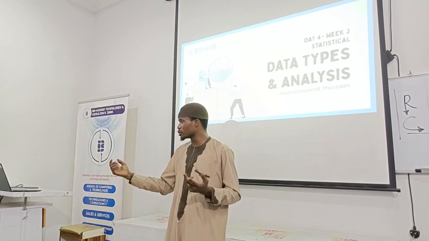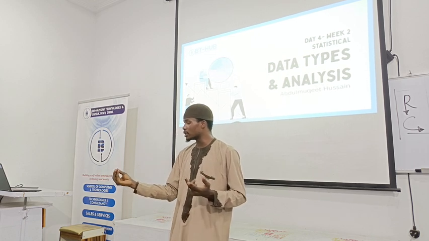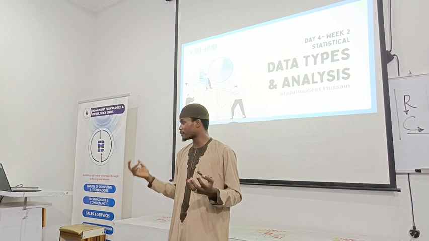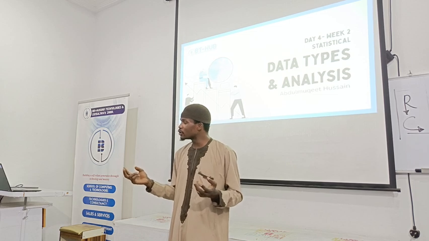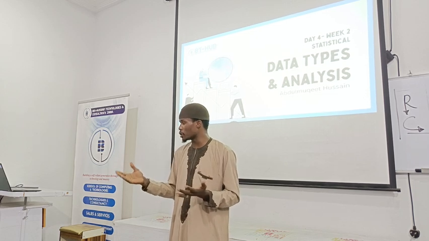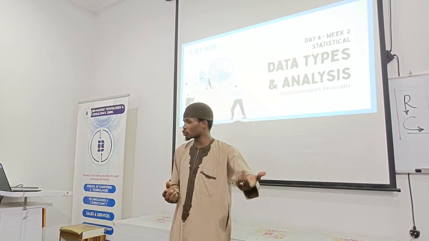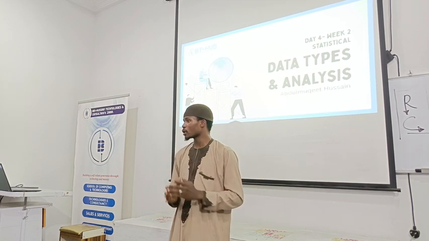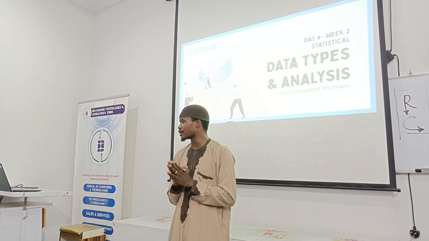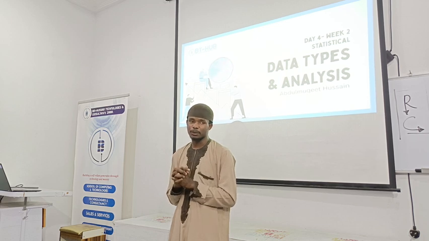Using the appropriate type of fire on the pot, you can have a better result that gives you good food. If you use the wrong fire, you can have a bad result, thereby having the pot get burned, right? So it's very important for you to know the kind of analysis that best gives the results we are anticipating.